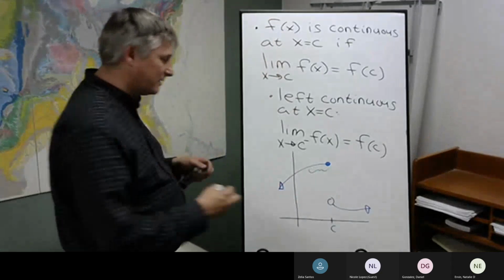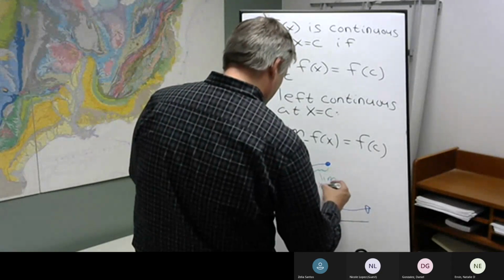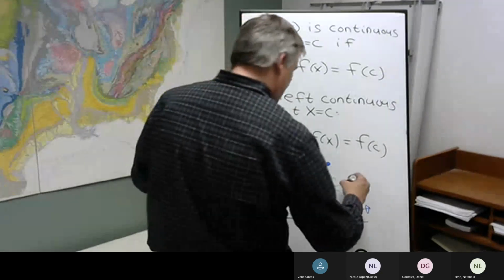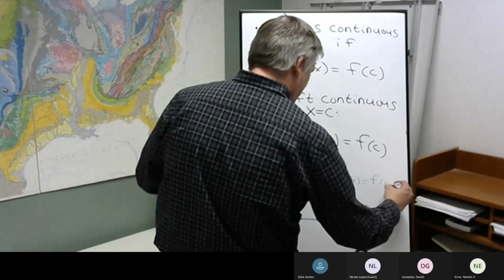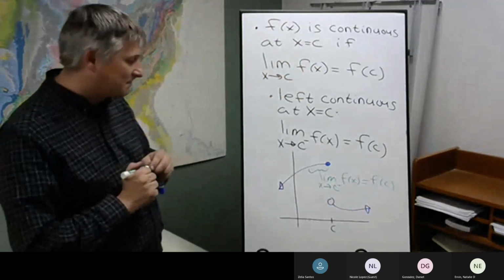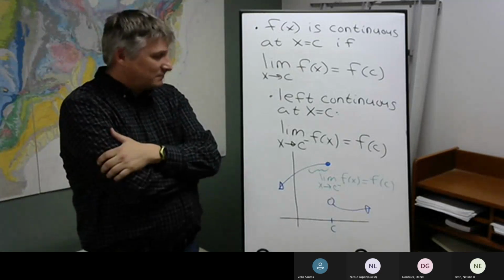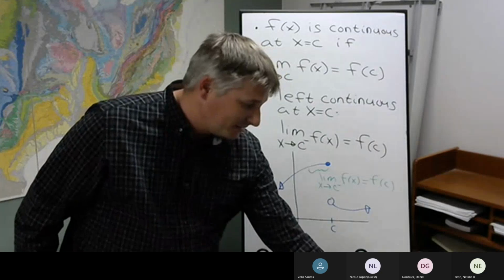So along this part, the limit as x approaches c from the left of f of x will be the same as f of c. So that's left continuous. So let me do an example of identifying these.